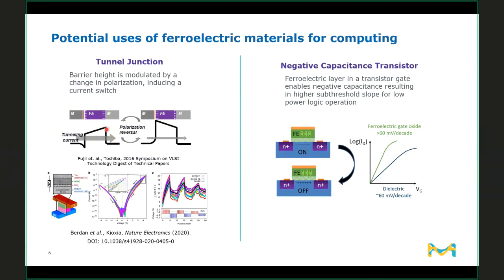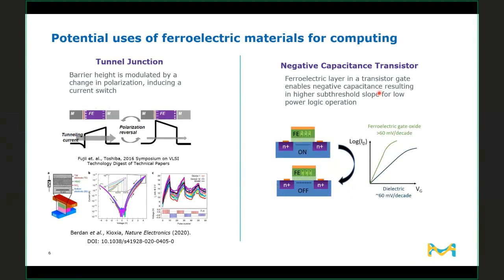And this change in resistance corresponds to a change in the state of a bit between a 1 and a 0. You also could apply this to multi-level switching. Instead of just two states, 1 and 0, you could have multiple states in between. This is what's demonstrated in the lower figure here in a recent paper by Kioxia. That could be really useful for applications like neuromorphic computing, when you need computing elements that simulate more closely analog behavior.